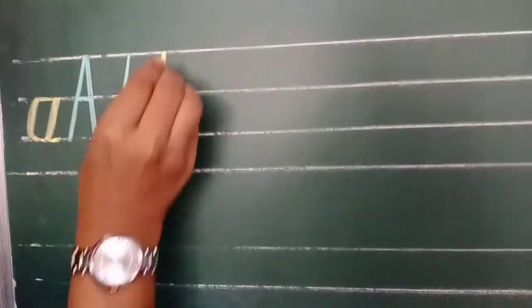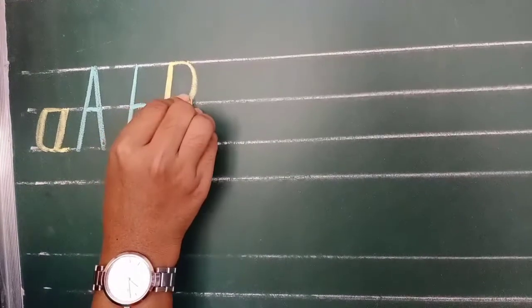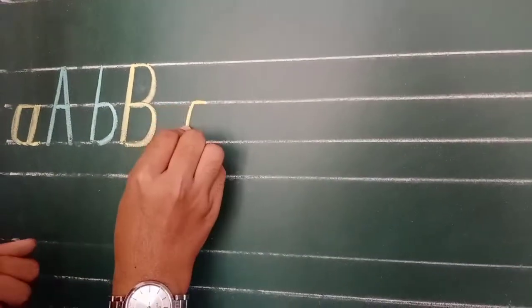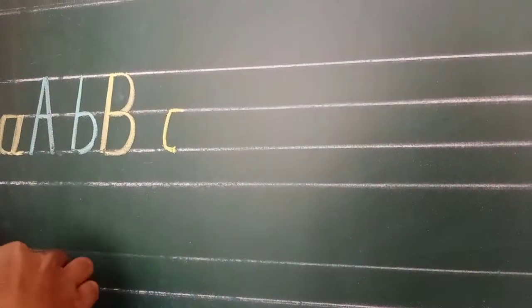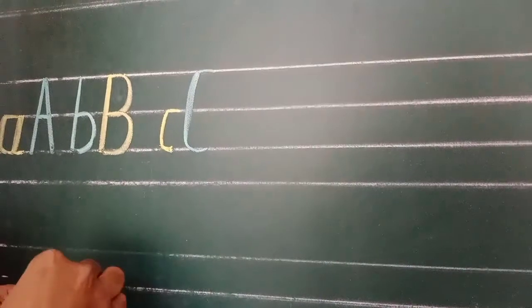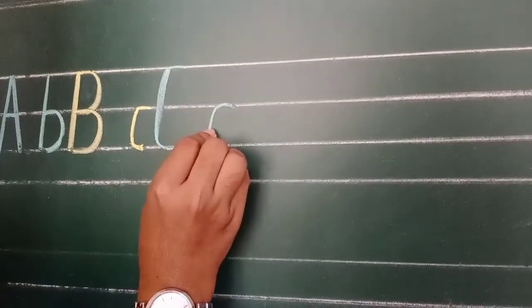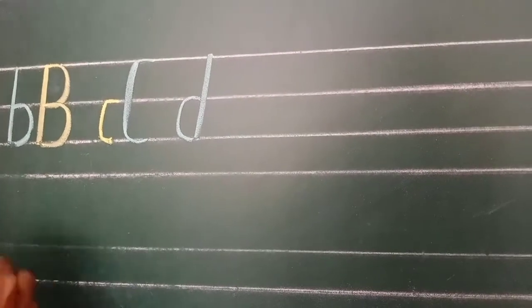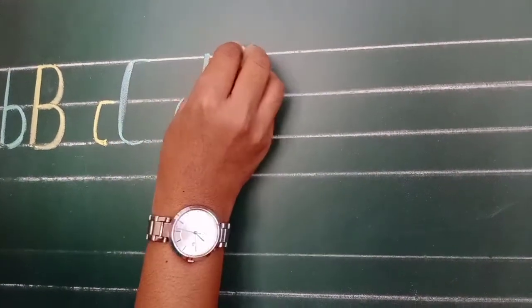B here. C. D. I am writing the small letter as I showed you in the alphabet formation.